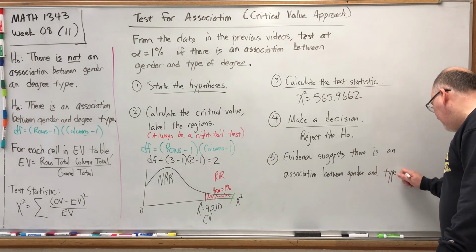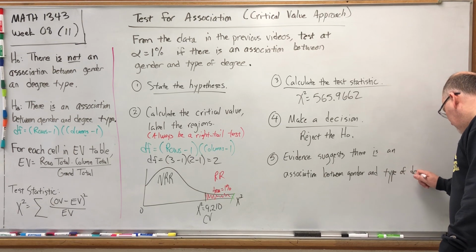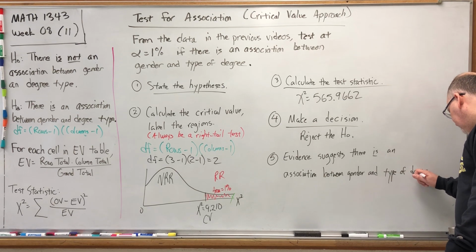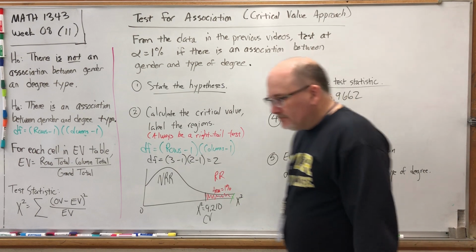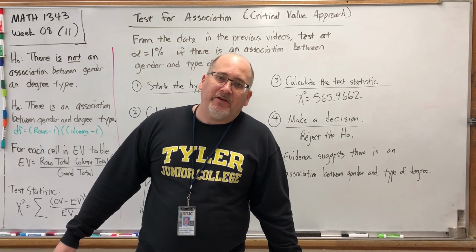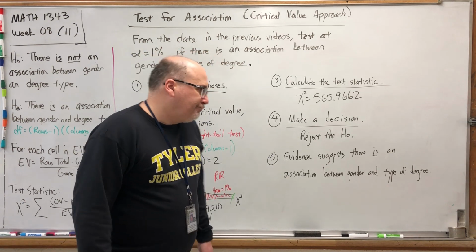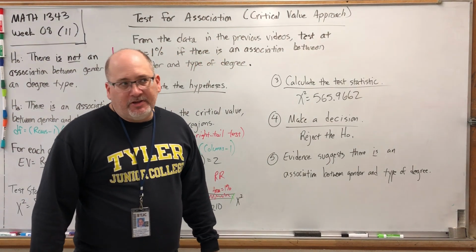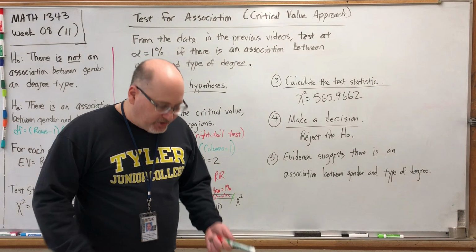Now, is that a bad thing? Well, that's kind of subjective. Maybe it is, maybe it's not. Maybe a higher percent of women get doctorates in law studies than men. Maybe it's a higher percent of men. Maybe this or that or that or this.